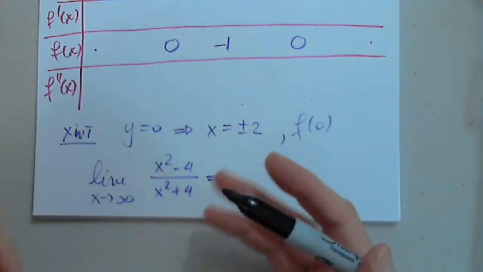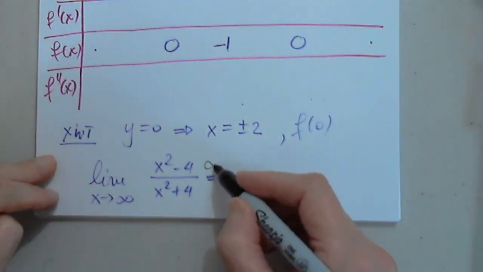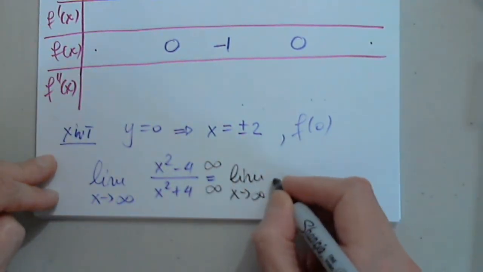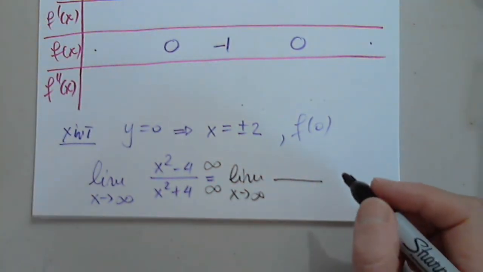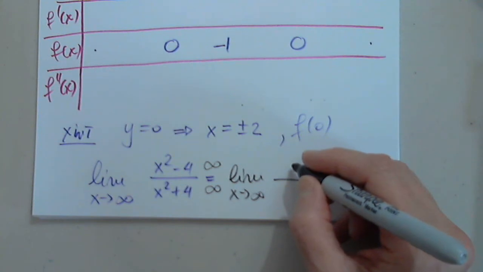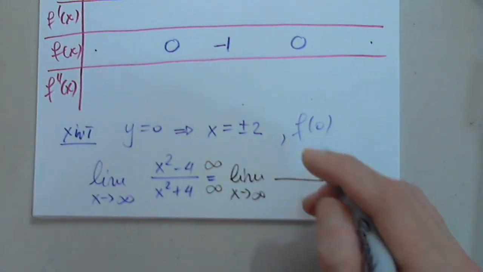Now you see all this is coming from the previous chapters. The numerator is infinity, the denominator is infinity. So what do we do then? What is the method in this case? L'Hopital's. Very good. So the top prime is? No. Just the top.